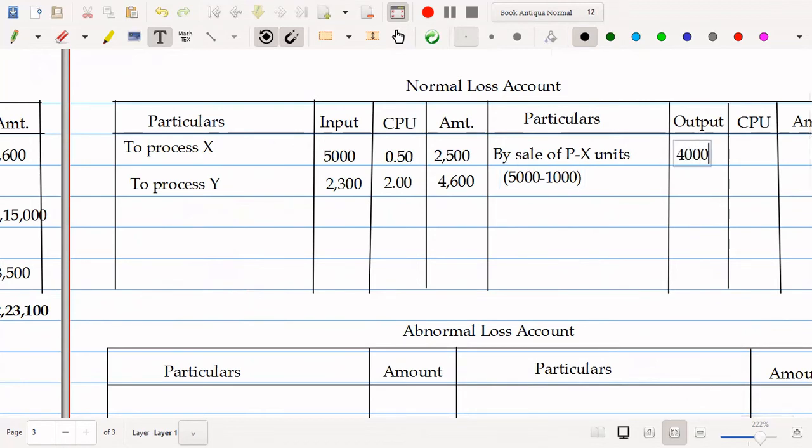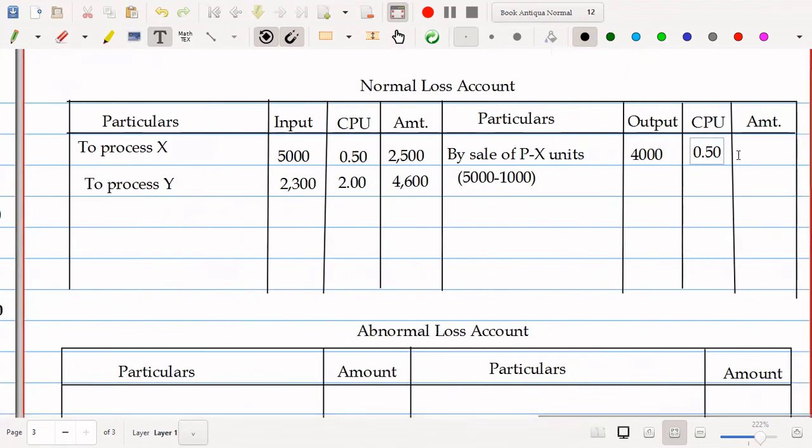4,000 units for scrap at rupee 50 comes to 2,000 rupees. And now from the same process, from process X, we have by abnormal gain.